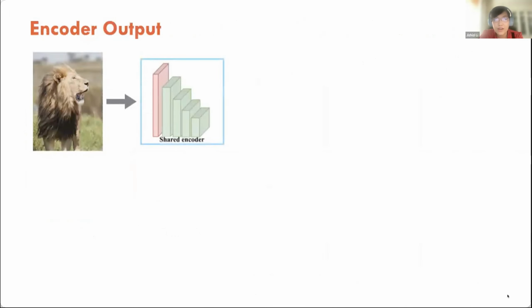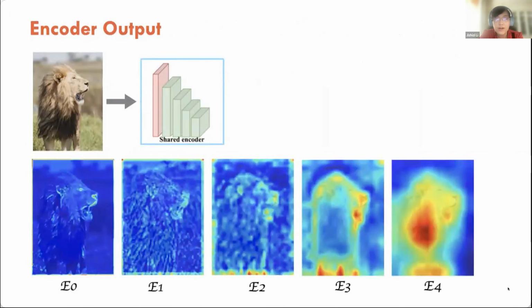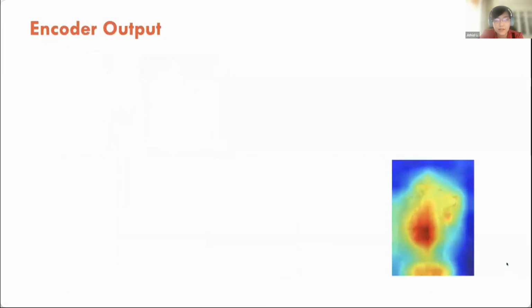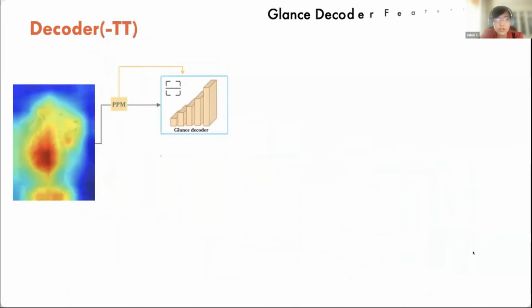Okay, so once we have an image, we pass it through the shared encoder, which consists of at least 5 convolutional blocks. And here is the heat map of the features that we grab after each convolution block. Once we have E4, the output after the encoder, we pass it through two different decoders.